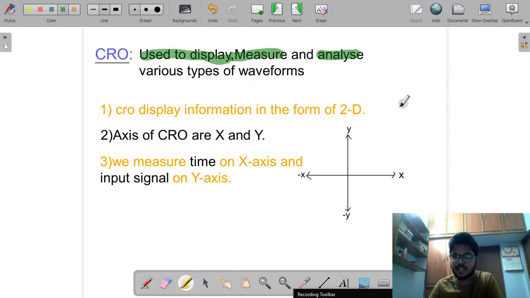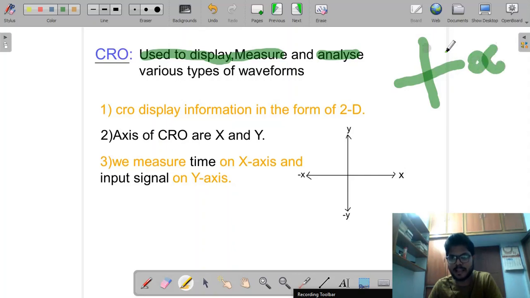In general, CRO can display in 2D format, where we present the x-axis here and the y-axis here. CRO has an x-axis and a y-axis. On the x-axis we always measure time. On the y-axis, in the vertical line, we always measure the input signal.